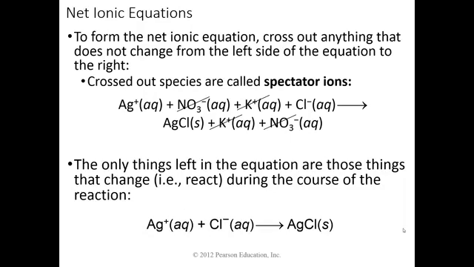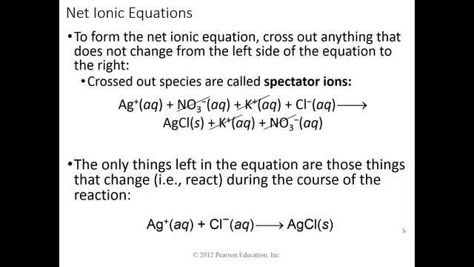If you cross out all of the species that appear in the same form in both the reactants and the products, what remains is referred to as the net ionic equation. In the case of the reaction of silver nitrate with potassium chloride, the net ionic equation is Ag+ plus Cl-, both aqueous, yields AgCl solid.